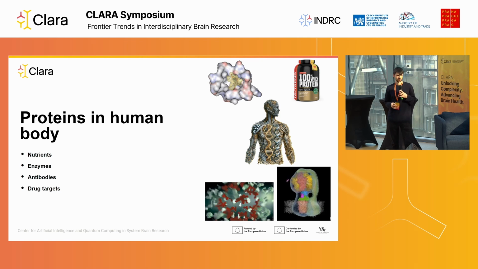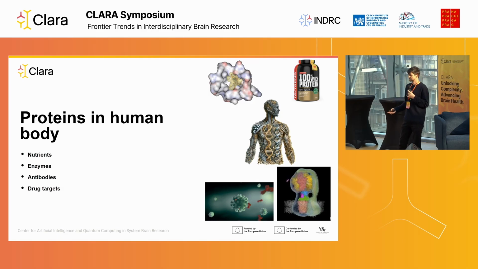And another role of proteins is that often they can be considered drug targets. So imagine that in the human body there can be a protein which malfunctions, and this inspires us to design drugs which would correct the behavior of the protein, and by this means we could treat the condition that the malfunctioning protein causes.